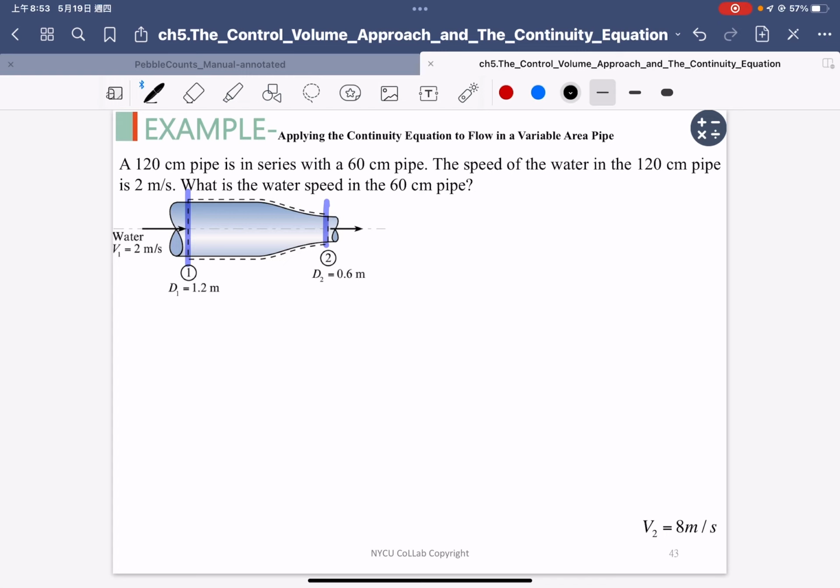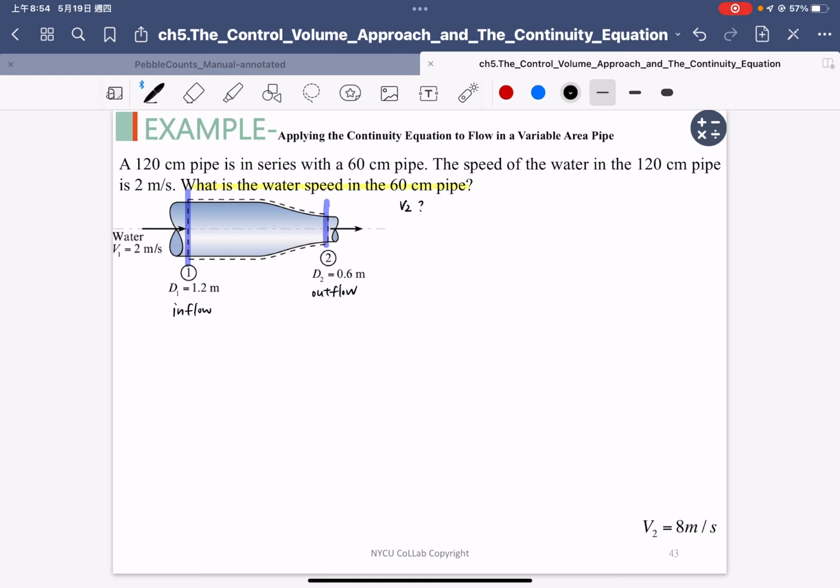We know that the left hand side is our inflow part, and section 2 is our outflow part. The question requires us to answer what is the water speed in section 2. So that means we don't know V2, right? V2 is our unknown parameter in this question.